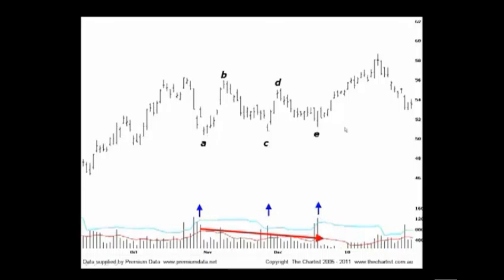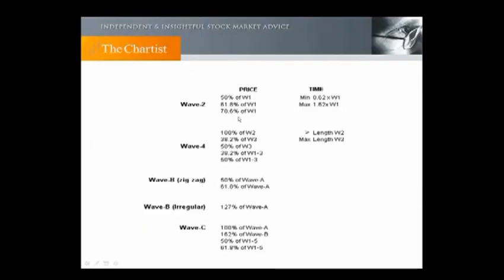So it looks like there's a line or so, the contracting of wave 1 and an outside chance of a 78.6% retracement of wave 1. In terms of time, for wave 2, the minimum time is 62% of wave 1 and the maximum time is 162% of wave 1.